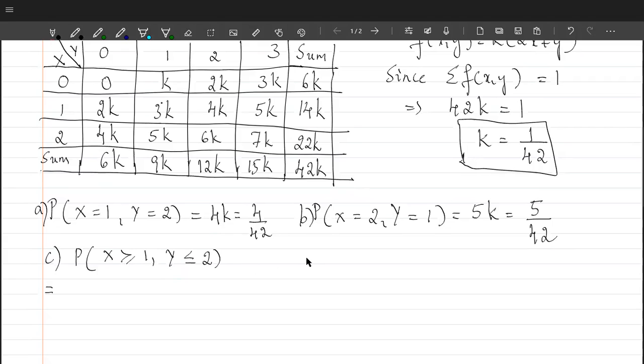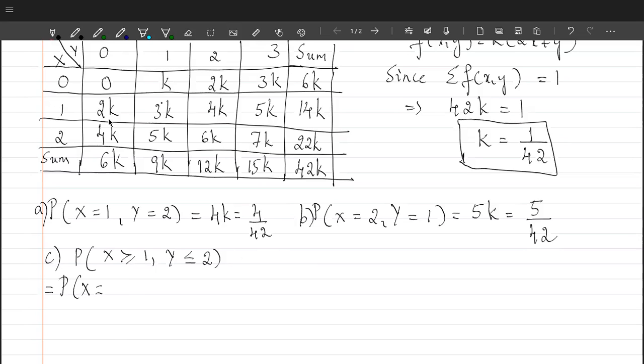So let's see which is our first case. X is greater than or equal to 1. So let's take the case where x is equal to 1. X is equal to 1 and y should be less than or equal to 2. So y can take the value 0. So your first case here is x equal to 1 and y equal to 0. If you want, you can write that here.